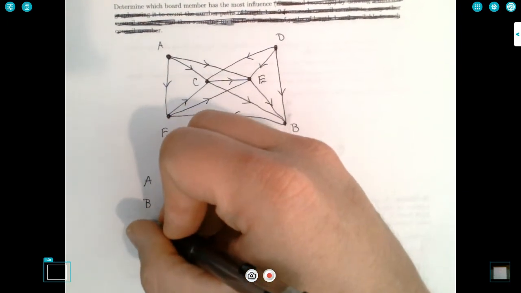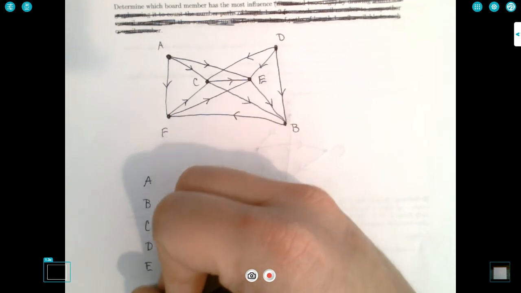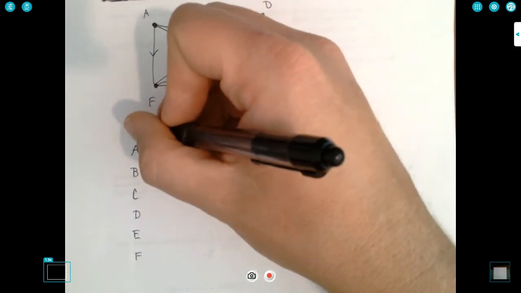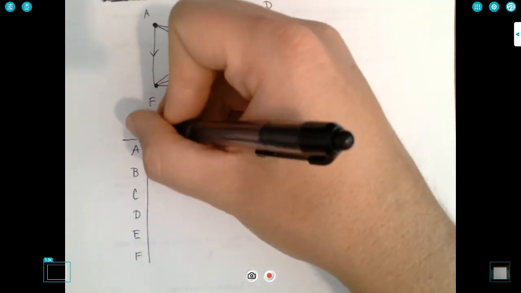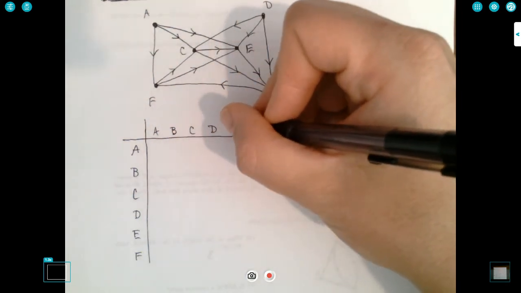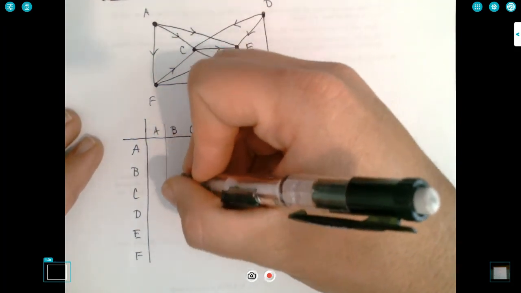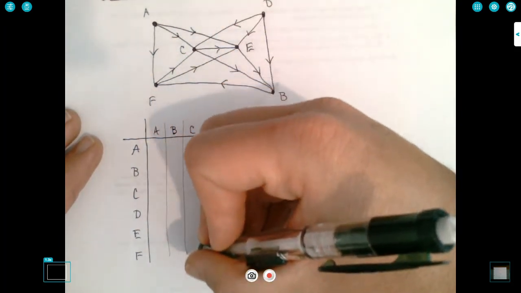A, B, C, D, E, F, and A, B, C, D, E, and F. Okay, and might help to have these all separated out.